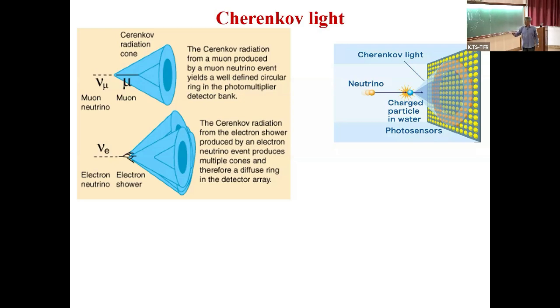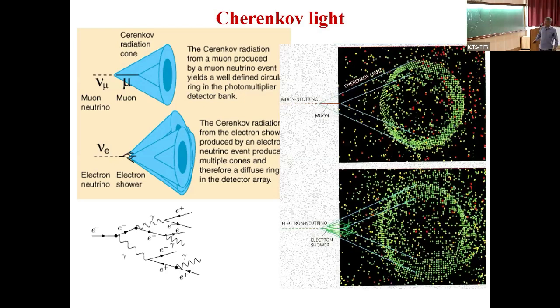But the electron also produces Cherenkov photons, but they will not be as sharp as that. When the electron goes into the medium, it will produce what is called an electromagnetic shower, with electrons and gammas and many electrons. So the direction is diffuse.